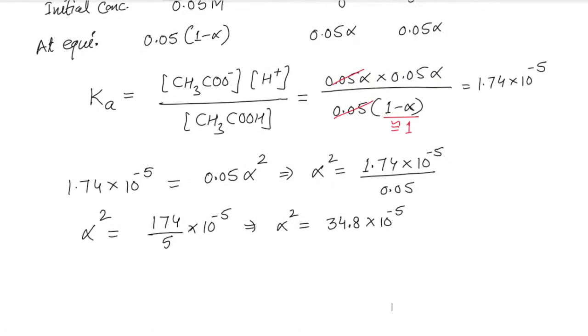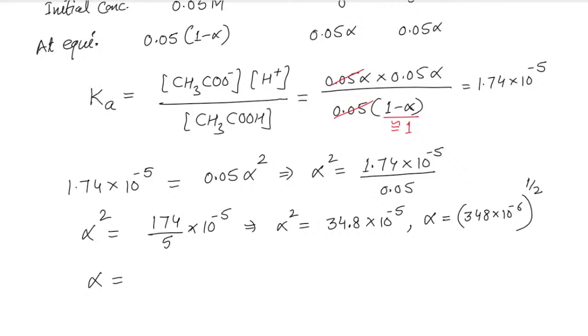So what is alpha then? Alpha is 348 × 10^-6 raised to power 1 by 2. I think that's not the answer.